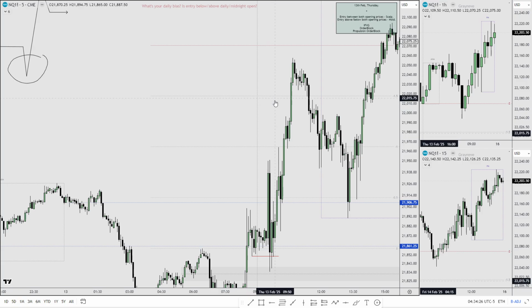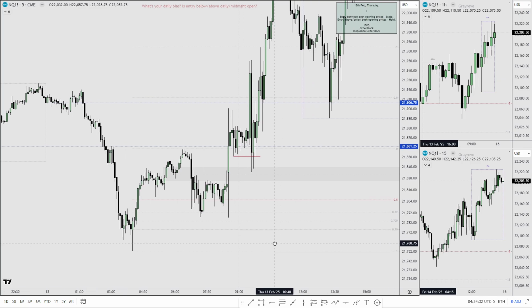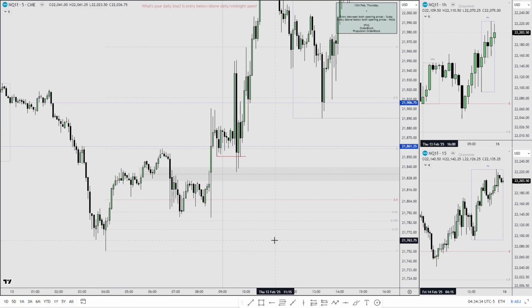Before 11:30, all the targets were met, and then we have a retracement. Okay, and there you go. This is the model, right?